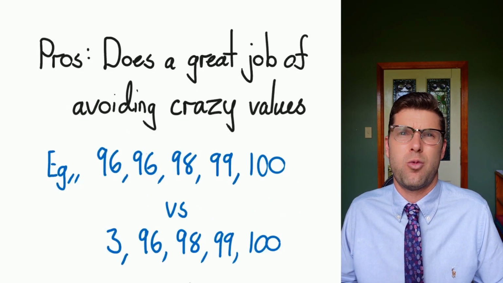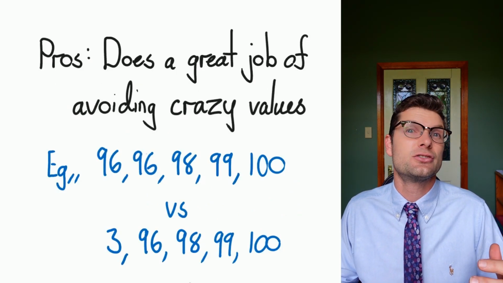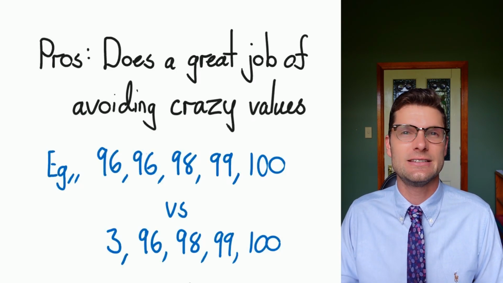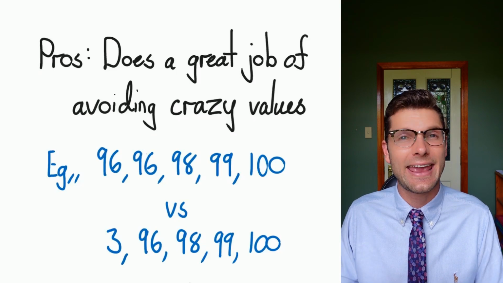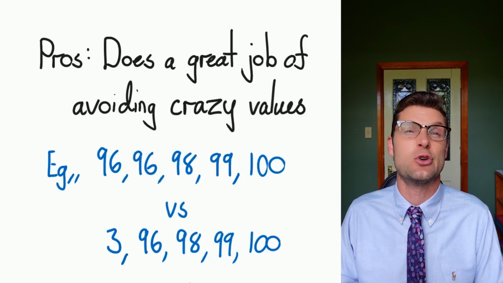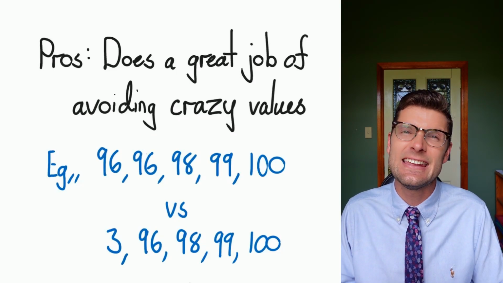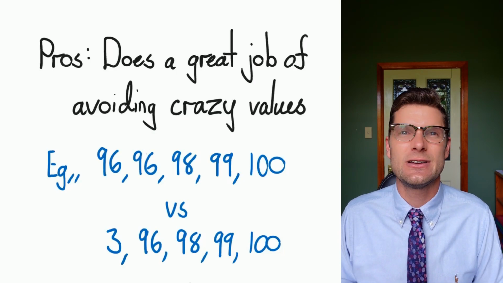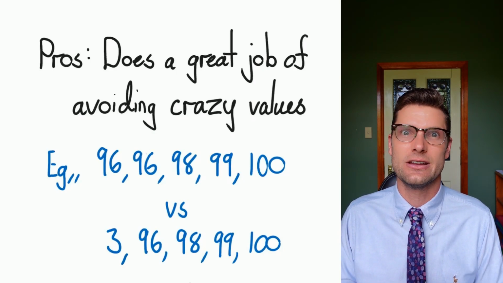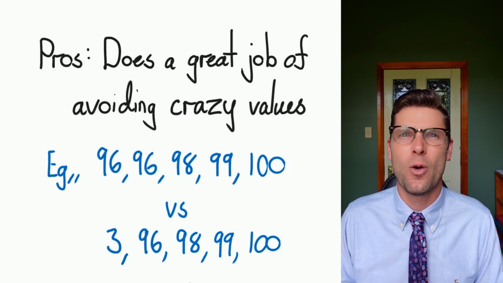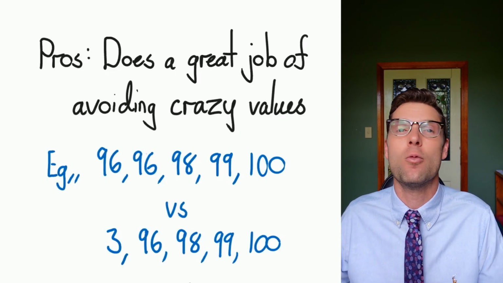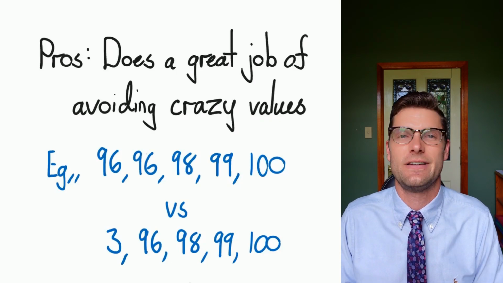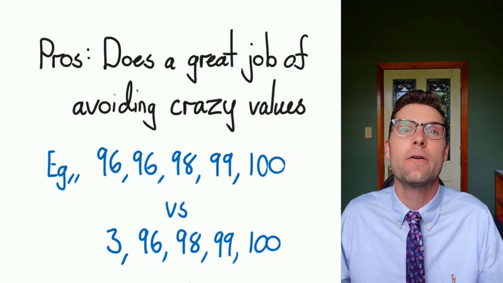So why do we even use the median? What's the point, right? So the best thing about the median compared to the average or the mean is that the median kind of accounts for any crazy values or any outliers that are in your data set. So in these two examples, we've got two pretty similar data sets, except in that bottom one, someone got a 3 out of 100. Maybe something went wrong, maybe their pen broke straight away and they didn't fix any of the answers. Something could have happened.